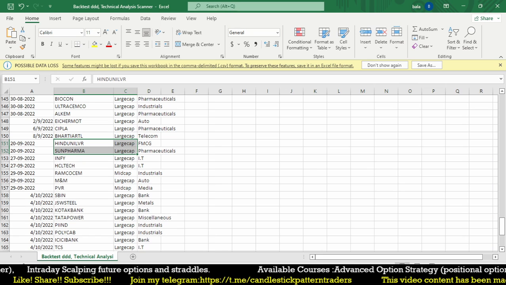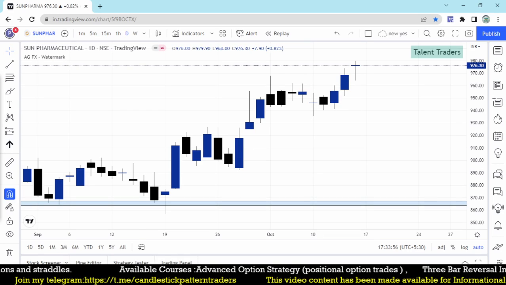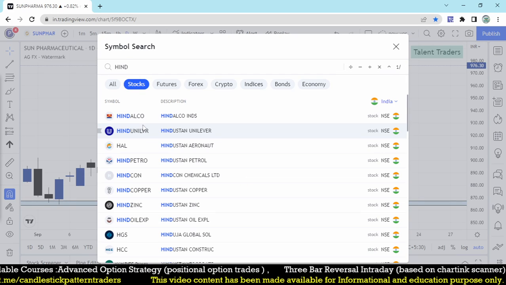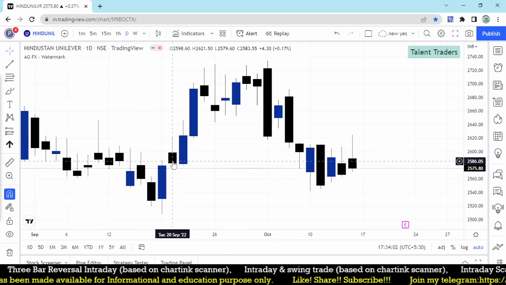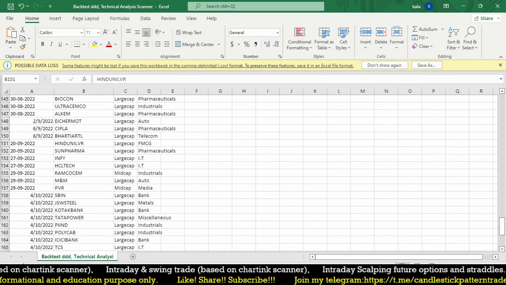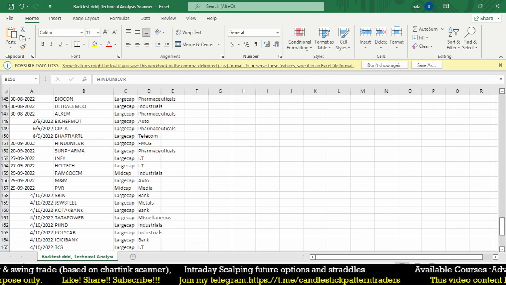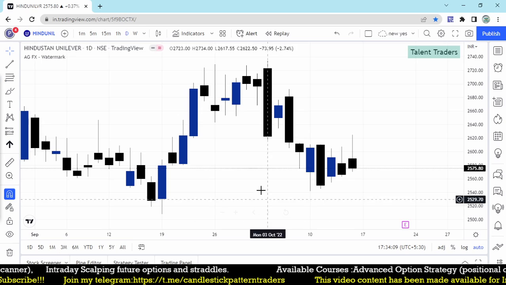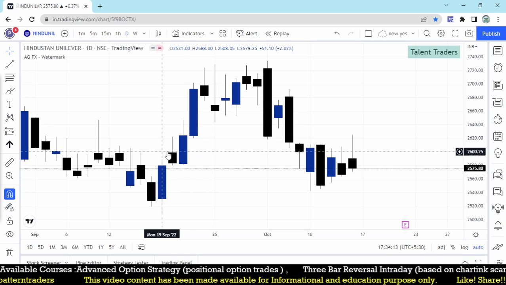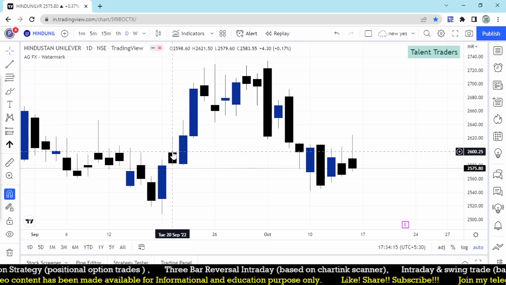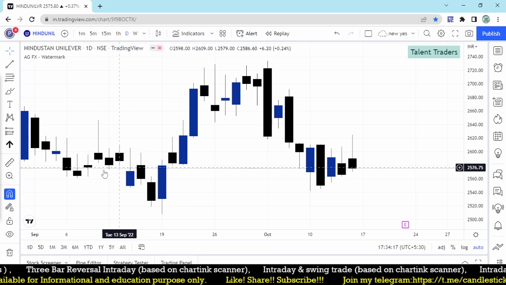Sun Pharma, and the next one would be Hindustan Unilever. 20th of September. Look at this, Hindustan Unilever was perfect. The close price on the 20th, it's a huge benefit, right?